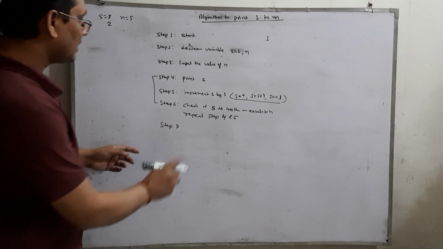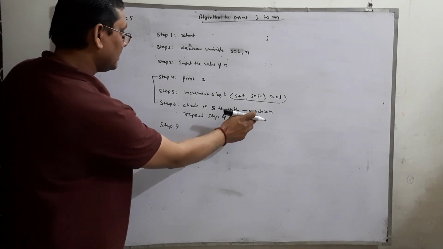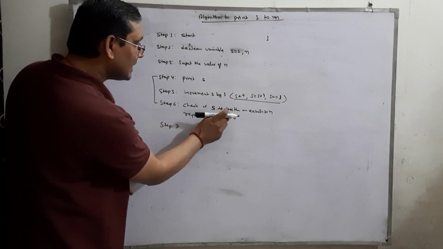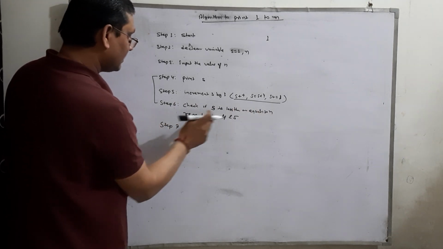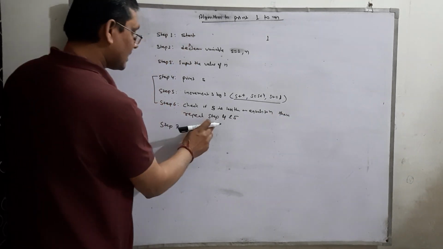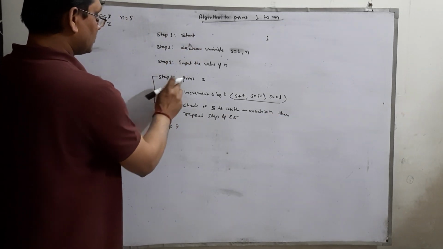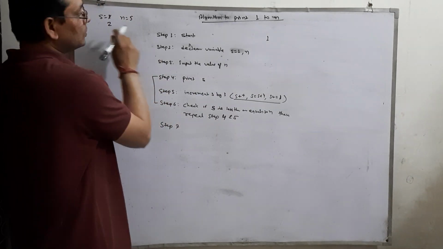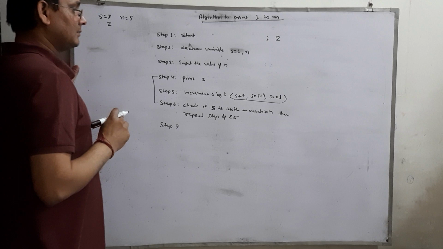Yes. If s is less than or equal to n, then repeat steps 4 and 5. It is going to step 4, and what is step 4? Print s. s means 2. It is printing 2 over here.